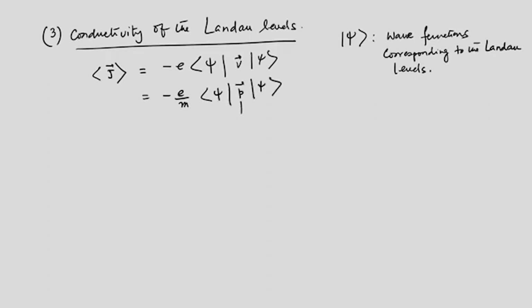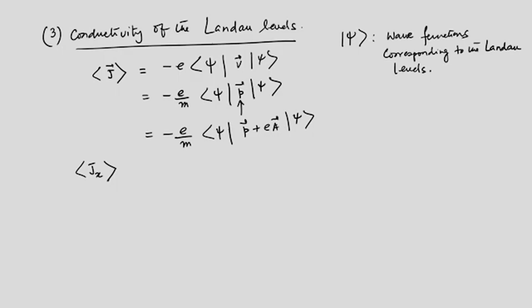Now this p in the presence of a magnetic field is not just the momentum, but is equal to p plus eA, which is what we have learned. So this has to be changed in the presence of a magnetic field to p plus eA, where A is the vector potential, and you have to take the expectation value of that. Now let's say we talk about Jx, the x component of the current. That means we are talking about a vector potential which is in the x direction.